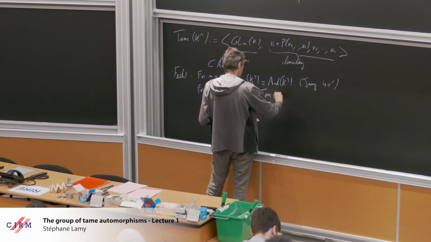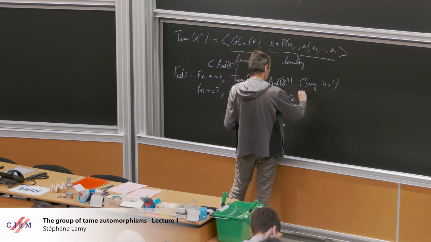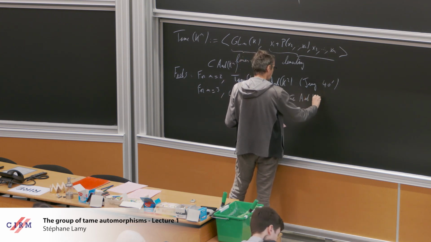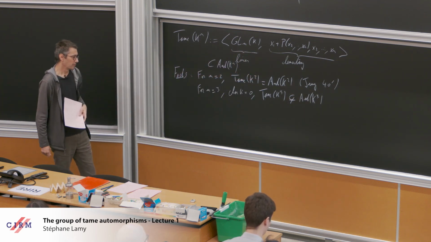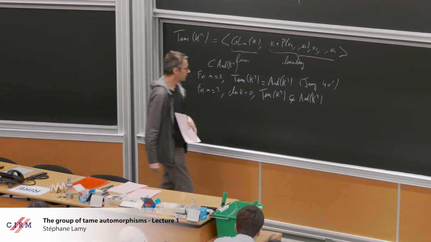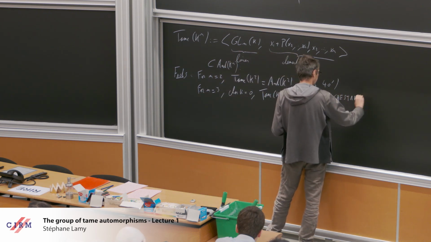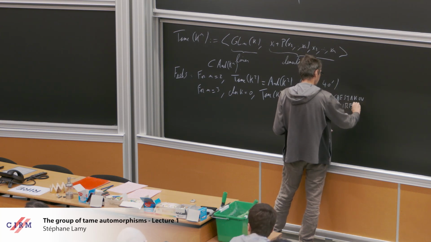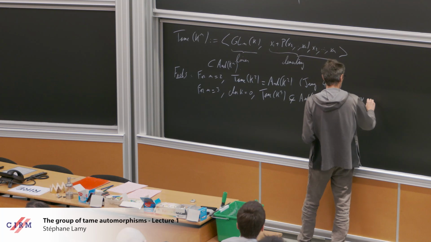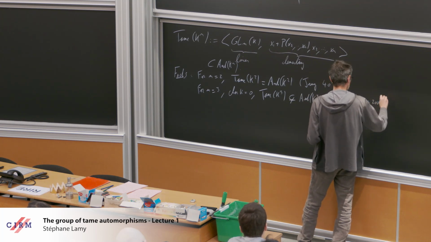So Tame(K3) is strictly contained in Aut(K3). That's due to Shestakov and Umirbaev. It's around 2001 or 2002, I don't know.